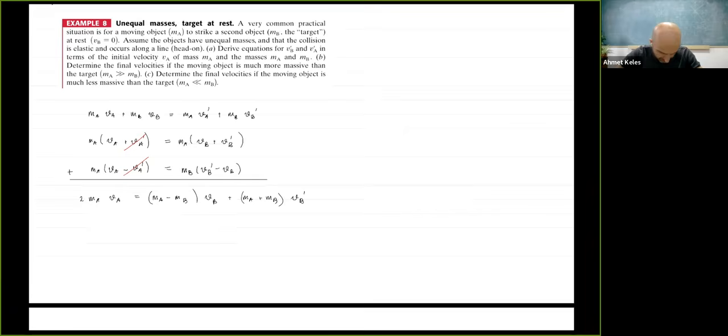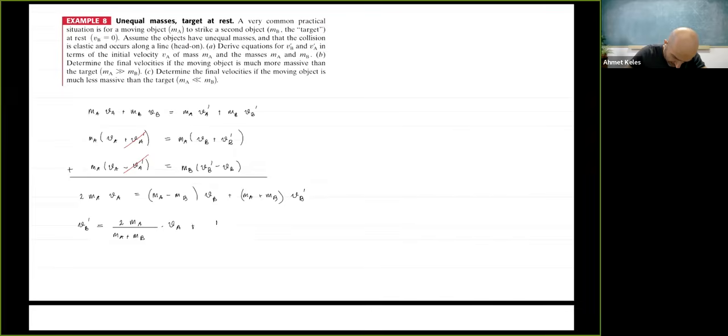All right, that's exactly what I wanted, and I want to solve this for VB prime. So VB prime should be equal to 2MA divided by MA plus MB times VA, that's exactly what I'm trying to get, plus MB minus MA, since I'm taking this on the other side and putting a minus sign in front, rather than MA minus MB, divided by MA plus MB times VB.